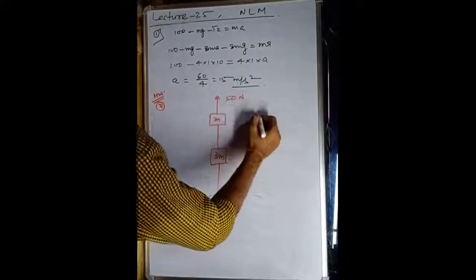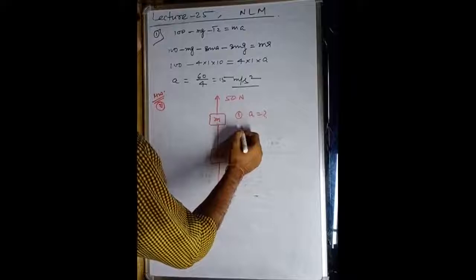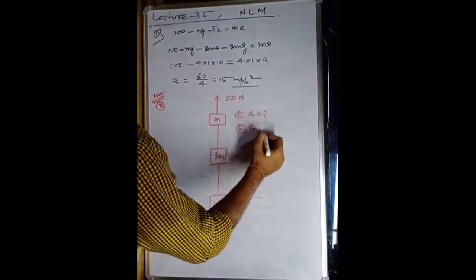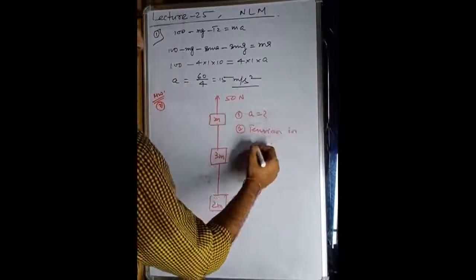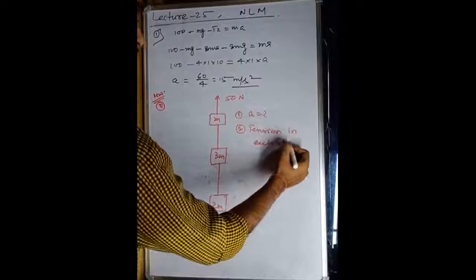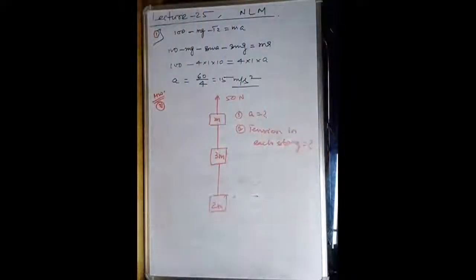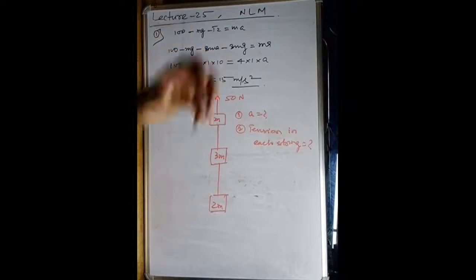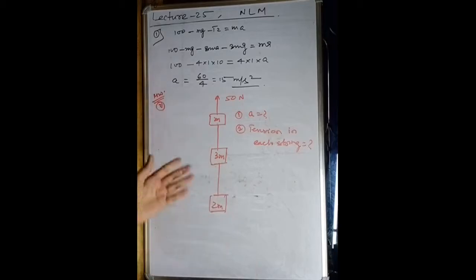What will be the acceleration of the system, and second, the tension in each string? So, my dear students, kindly note down, pause your video and write down the question.